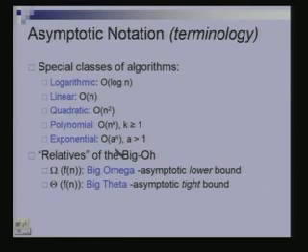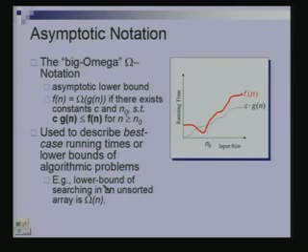So till now I have only introduced to you the big O notation. We also have the big omega notation and the big theta notation. The big omega notation provides a lower bound.